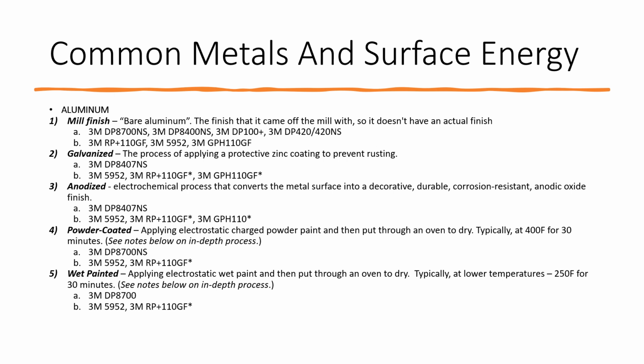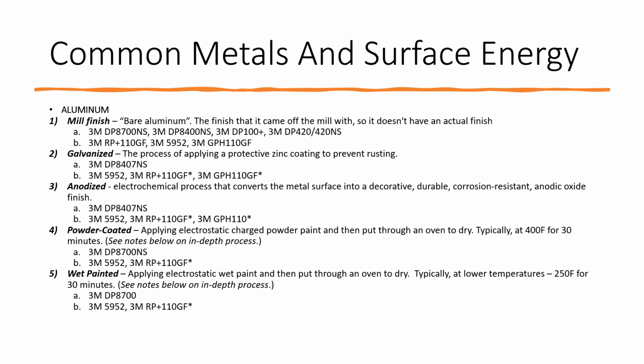Galvanized aluminum, or there's galvanized steel. Very commonly used in sheet metal and HVAC applications. Anodized aluminum. This is also big in architectural applications. Powder coat and wet paint. Big in a lot of different markets.